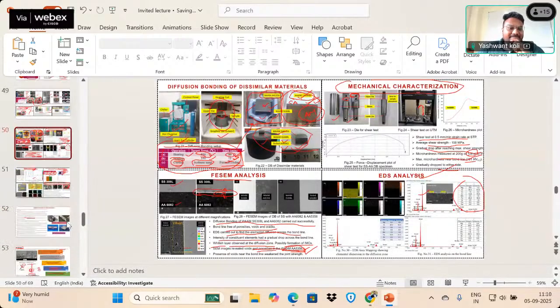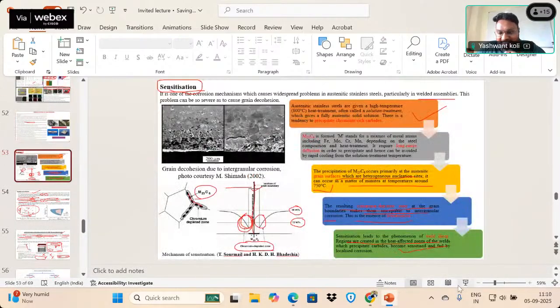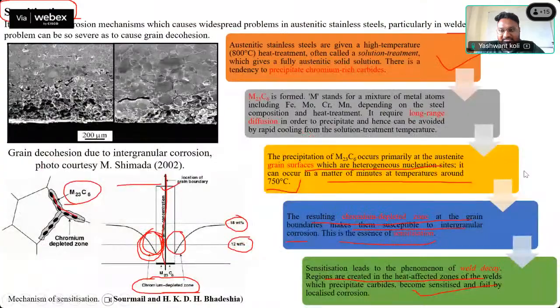Yeah, by rapid cooling, how can sensitization be avoided? Chromium carbide formation happens at a specific temperature, and it is a slow process. It requires long range diffusion.